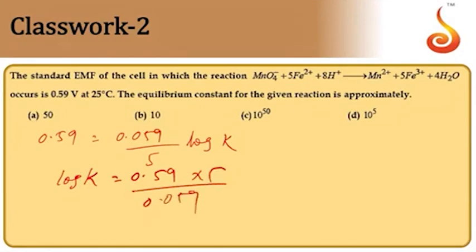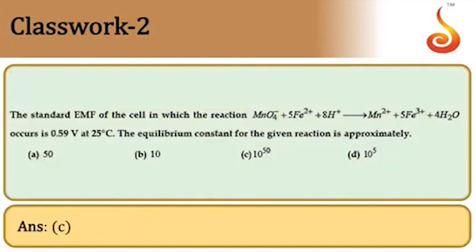This comes to 50. Log K is equal to 50, which means the answer must be 10 to the power of 50. Therefore K is the antilog of 50, which is approximately 10^50. Option C.